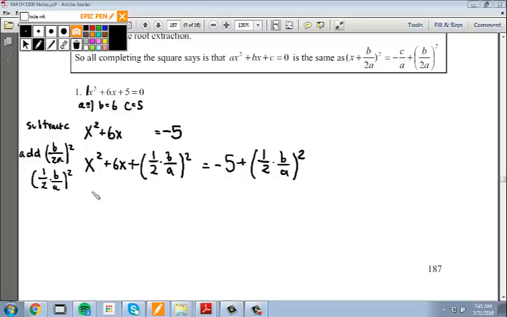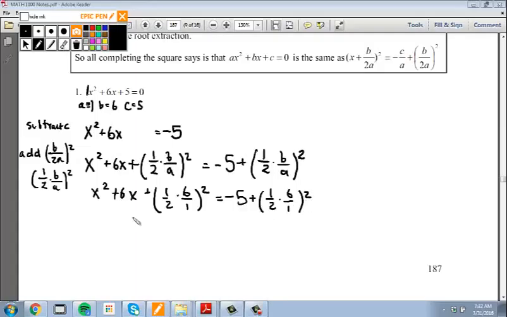Alright. So now, if I substitute in my B, which was 6, and my A, which is 1, squared, and then I have negative 5 plus 1/2 times B, which was a 6, over the A, which is 1, squared.